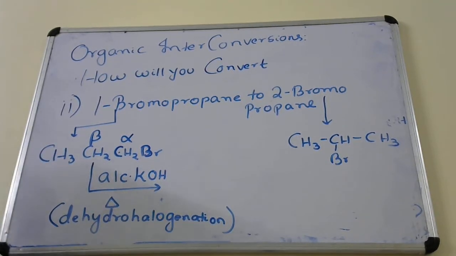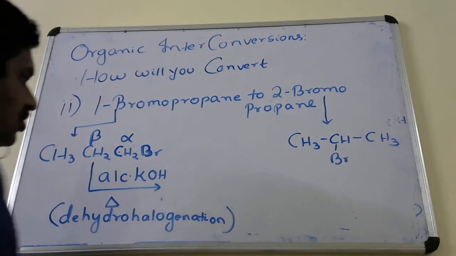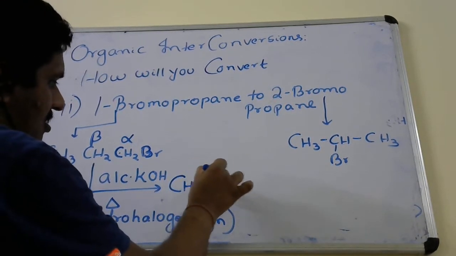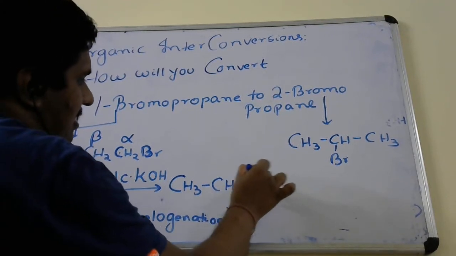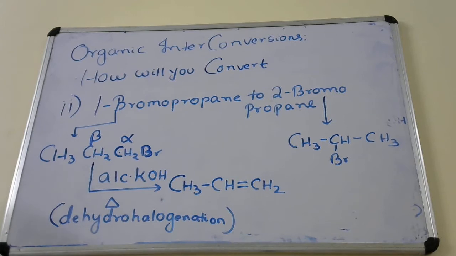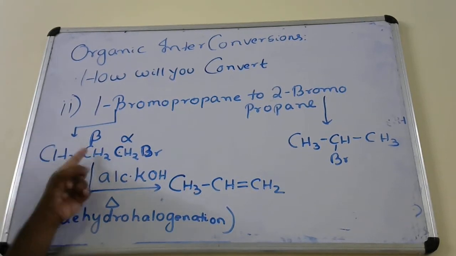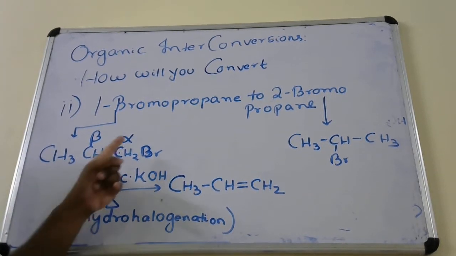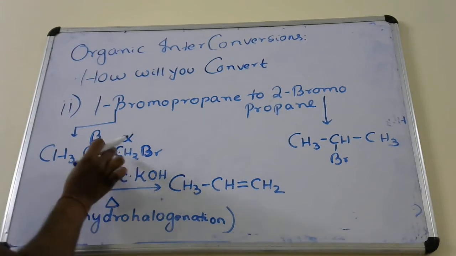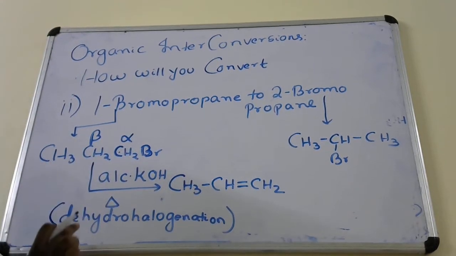So due to elimination of these two, you will get an alkene. Due to elimination of hydrogen from beta carbon and bromine from alpha carbon, you will get a double bond between alpha and beta carbon.